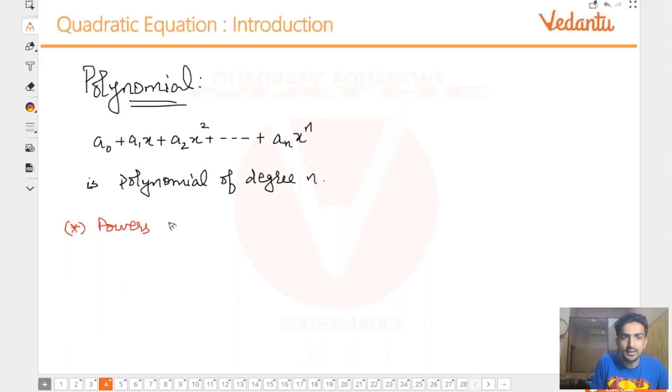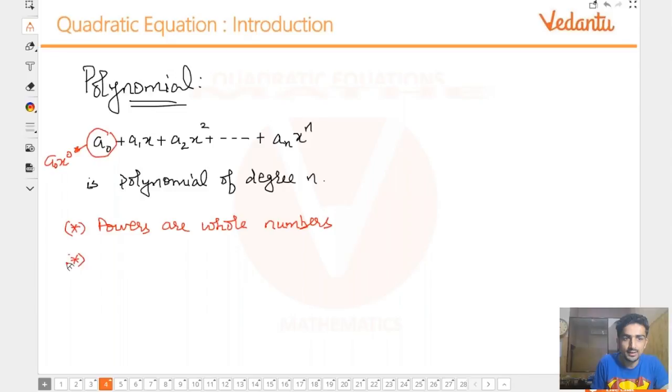By good, I mean they are whole numbers. a0 into x to the power 0, a naught is just the constant term, then a1x, then a2x square, then a3x cube, and so on to an x to the power n.